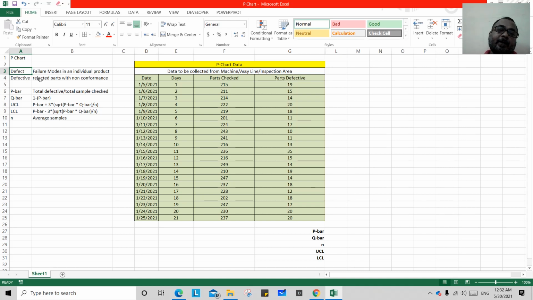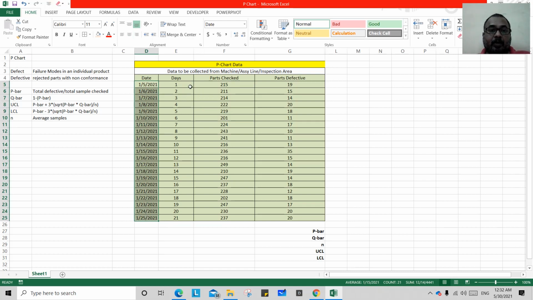For doing that, we need to collect the data, day wise or hour wise, or weekly or monthly, or whatever frequency you decide. What I have done is take the data of a particular machine for, say, 21 days.